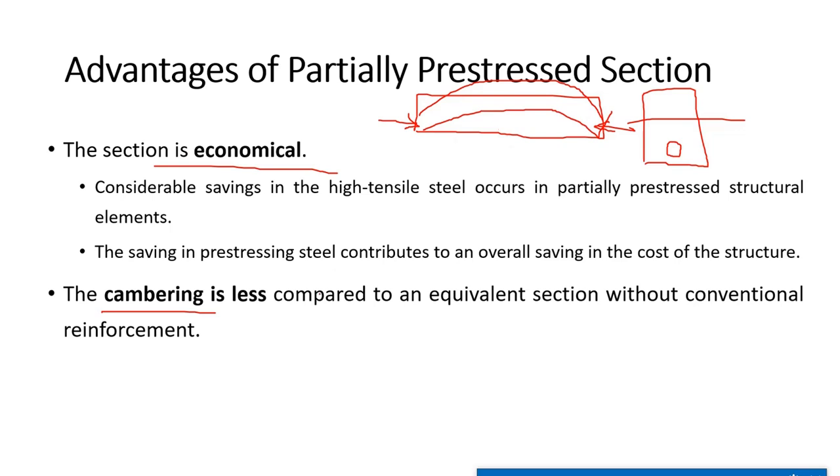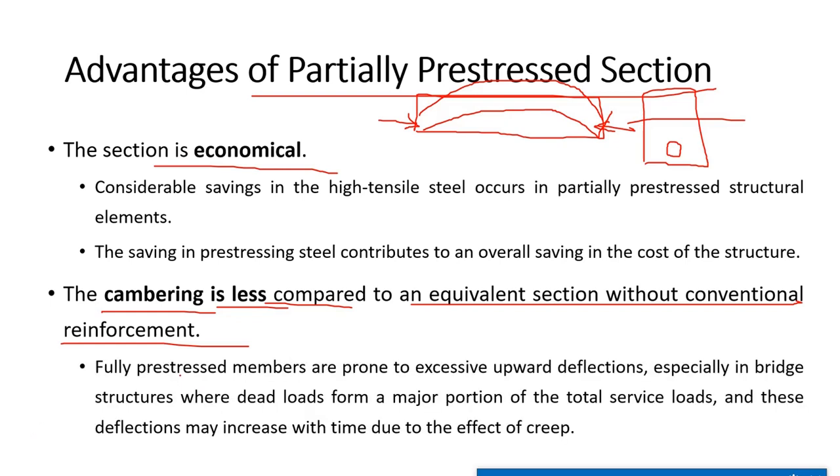Okay, and cambering is less in the case of a partially prestressed section compared to an equivalent section without any conventional reinforcement. If you are providing a prestressed concrete structure without any conventional reinforcement, it will camber or deflect in the upward direction more than that of a partially prestressed section where conventional reinforcement is also provided.